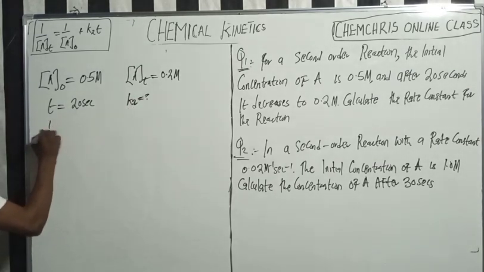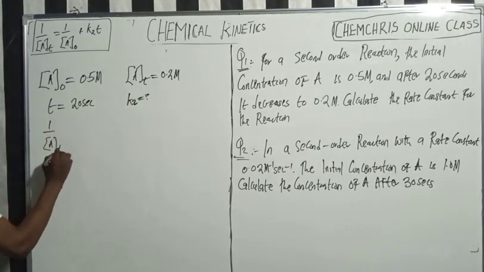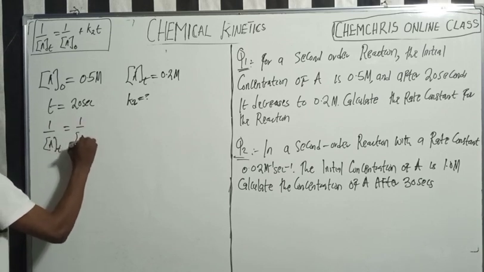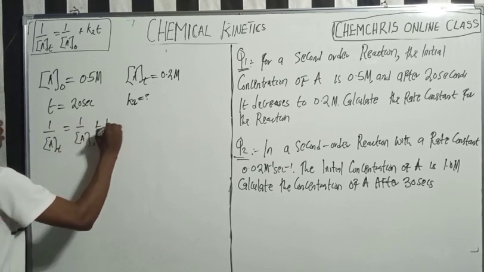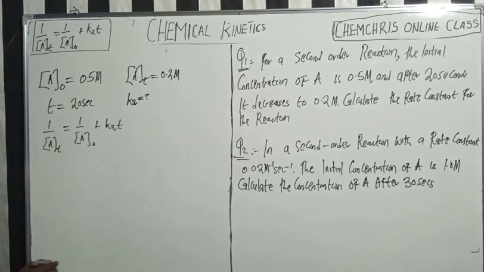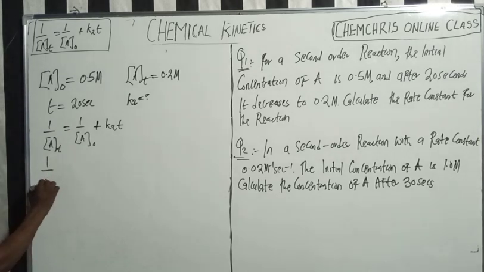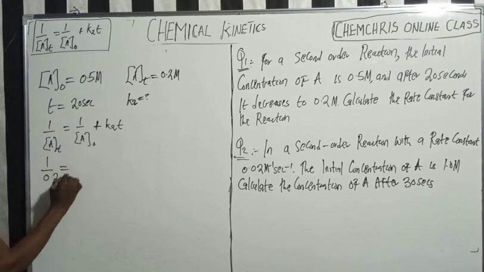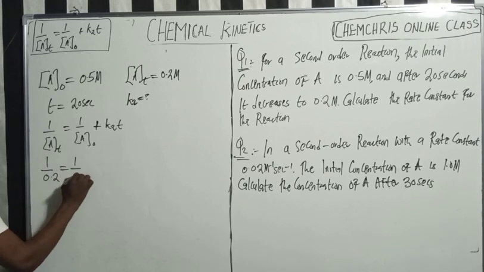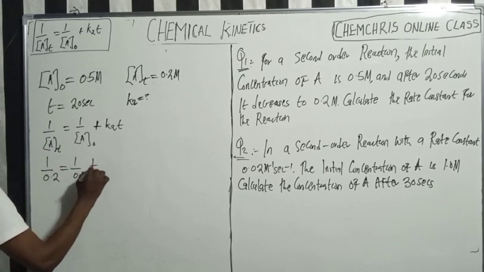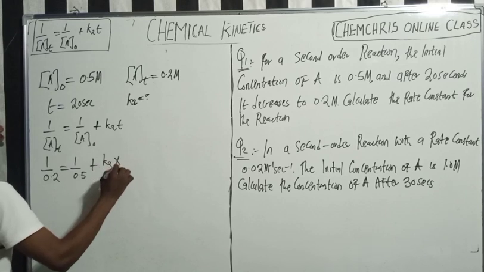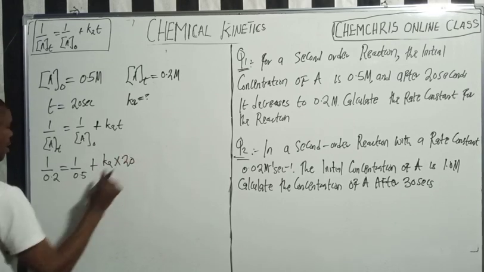So we are using 1 over At equals 1 over A naught plus K2t, right? So what you want to do here is picture your values. Here we have 1 over 0.2 equals 1 over 0.5 plus K2 times 20.